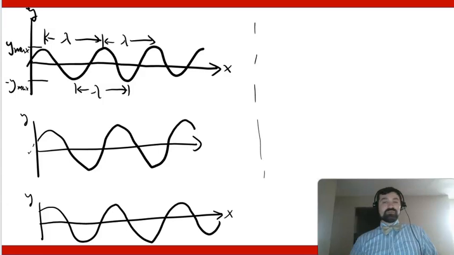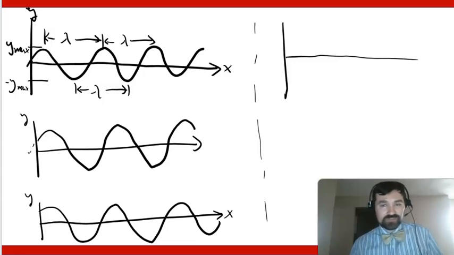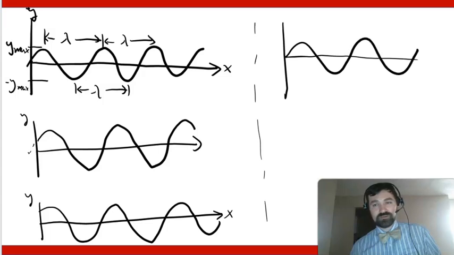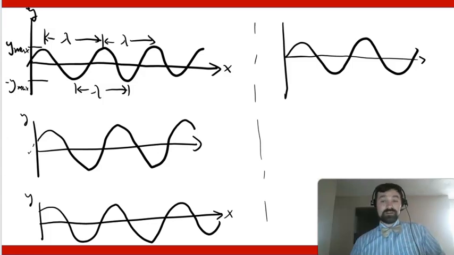Eventually, I will take a snapshot in time that duplicates this one right here. So again, I get to start off at 0 displacement and have my wave like this. When that amount of time has elapsed to where I get back to this, that is one period.